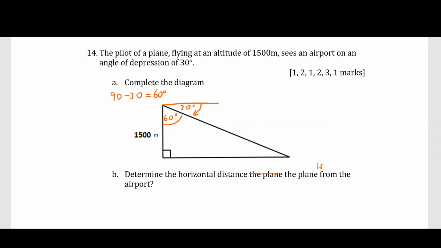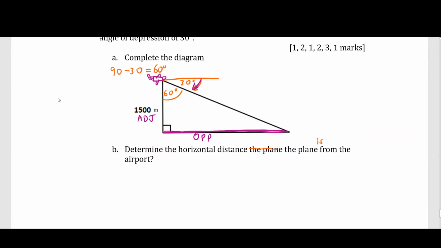Okay, so we're looking for this distance in here. Horizontal distance. Okay, so our plane's up here, and there it is. An angle of depression, 30 degrees. So it's 60 in there, and we're looking for this distance across there. So from this angle, 60, here we've got adjacent. So we're going to use tan.